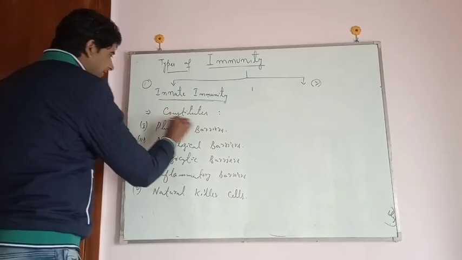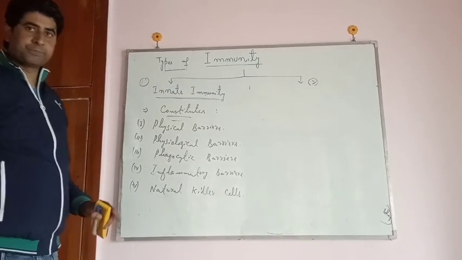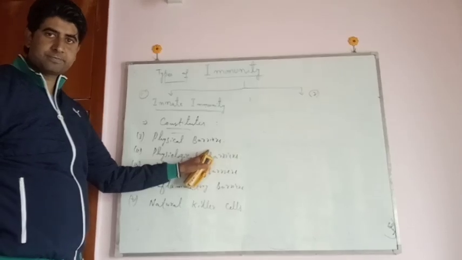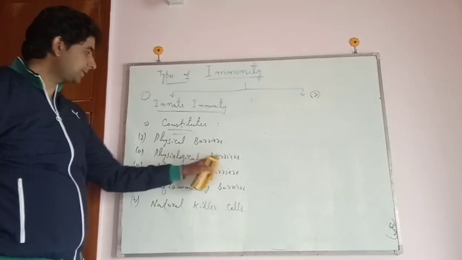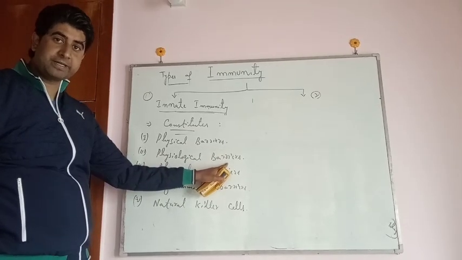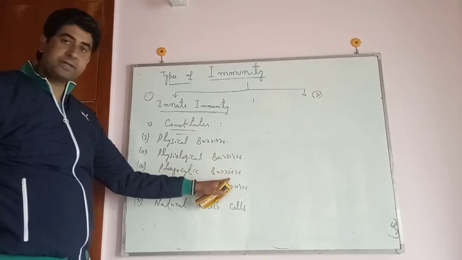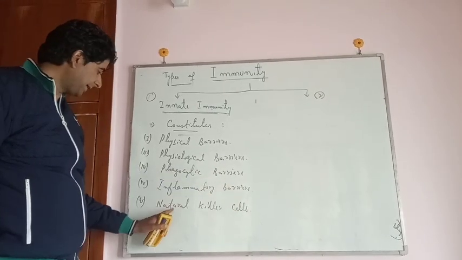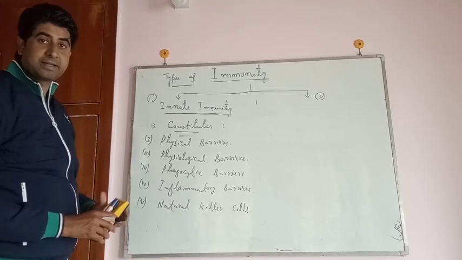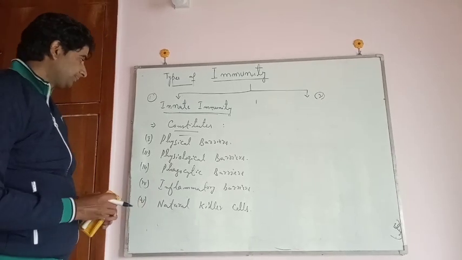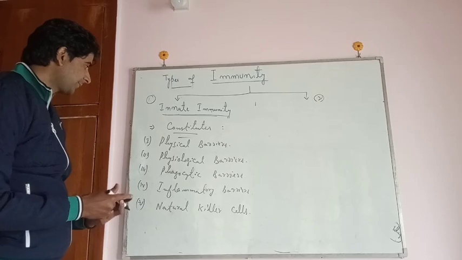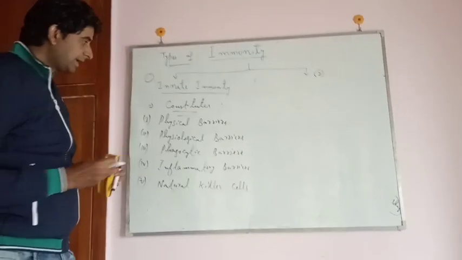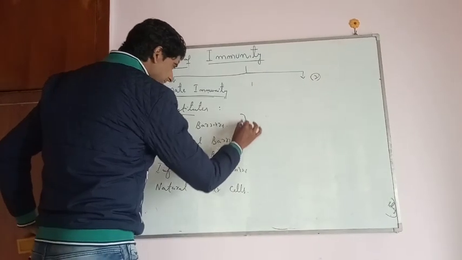So this is innate immunity. It involves the physical barriers like the skin, physiological barriers like the serum or lysosomes, phagocytic barriers like the phagocytic cells, inflammatory barriers as well as the natural killer cells.